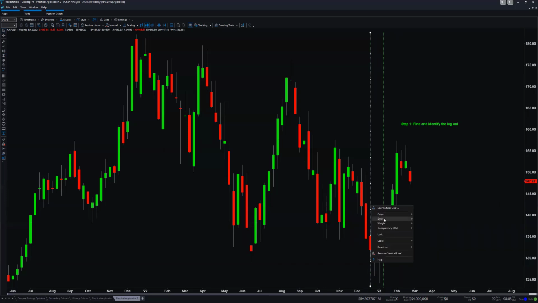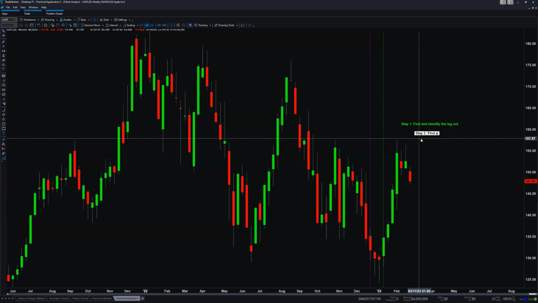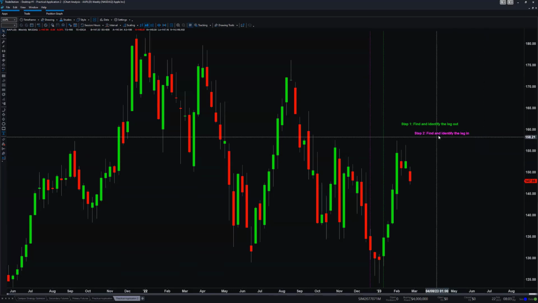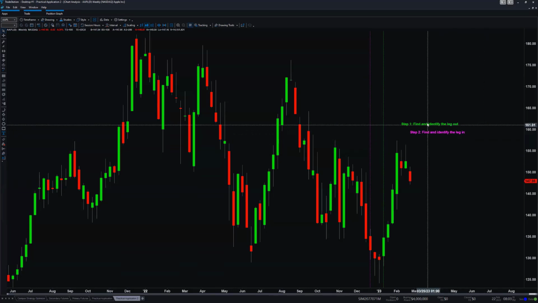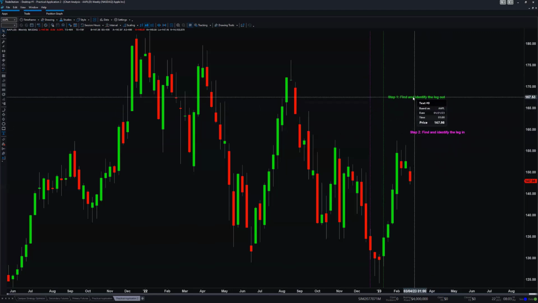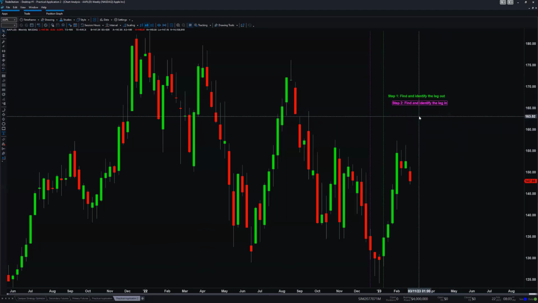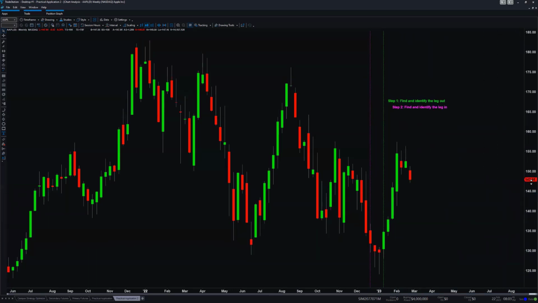And so step two is find and identify the leg in. And in doing so, we now all of a sudden isolated the base. Now what's left to do is we need to wrap our lines around the basing candles.